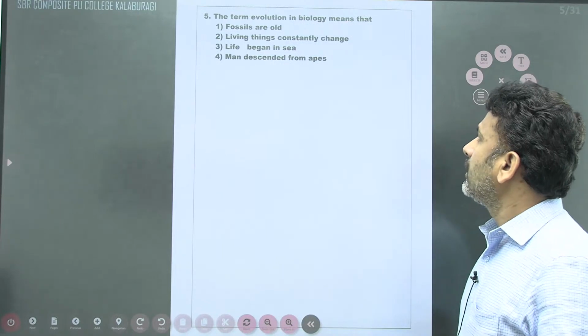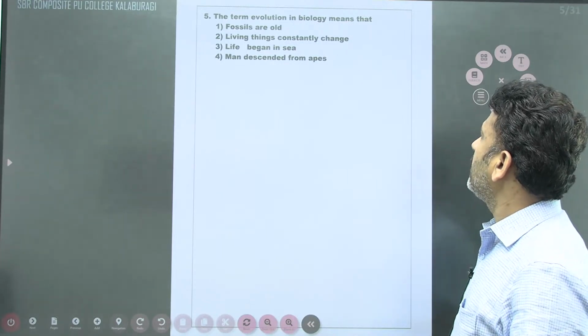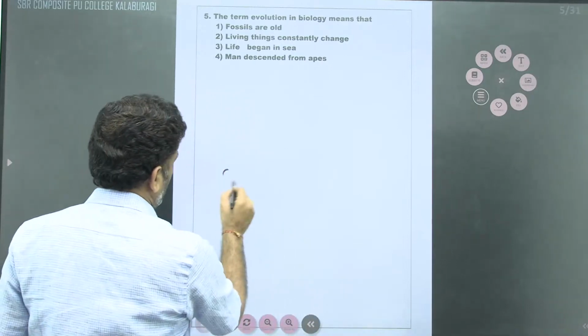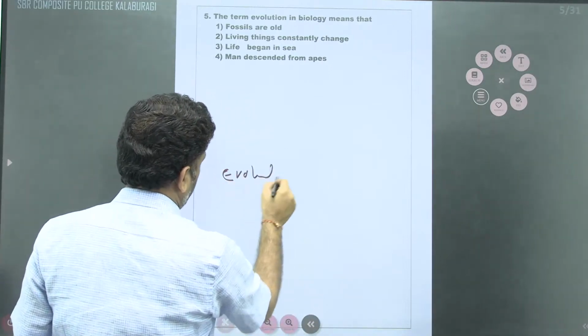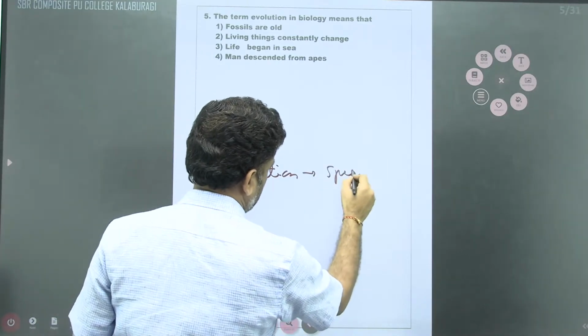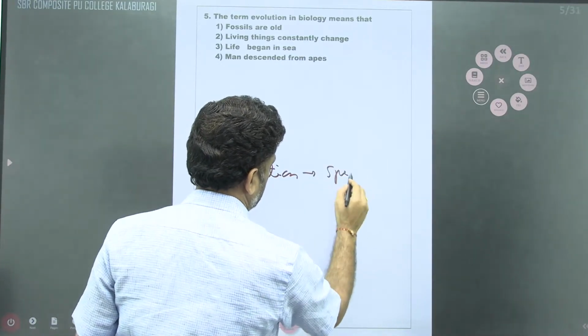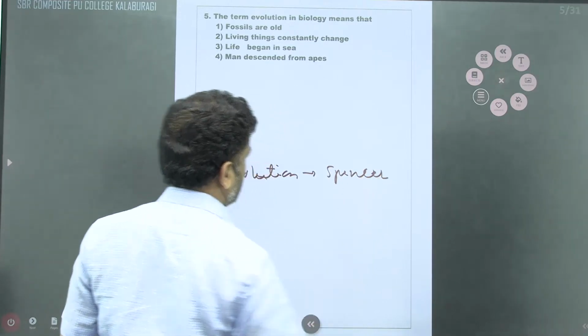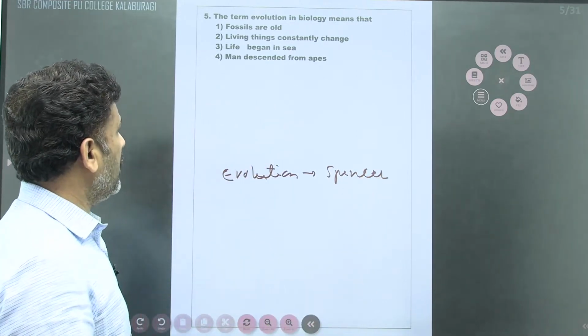Next, the term evolution in biology means that... the term evolution was given by one of the scientists called Spencer.